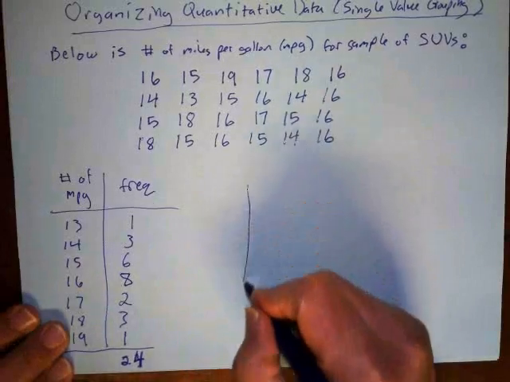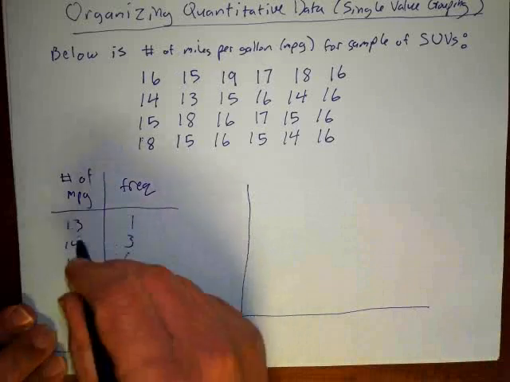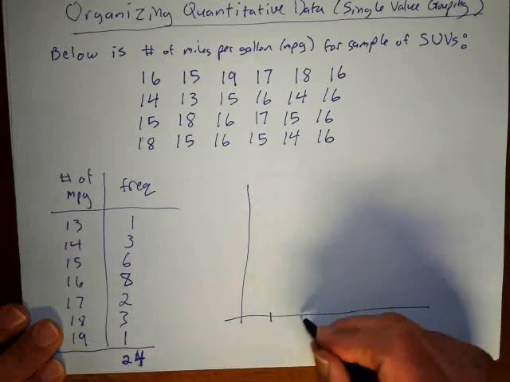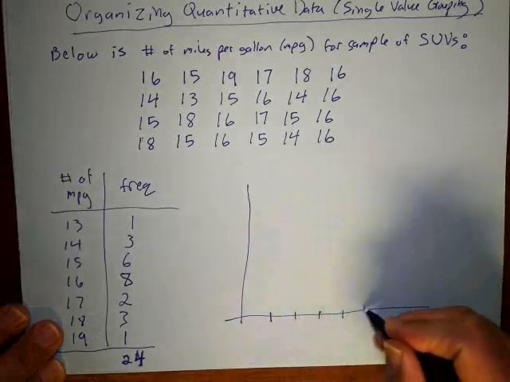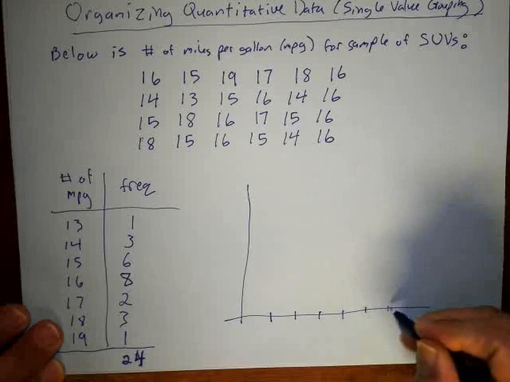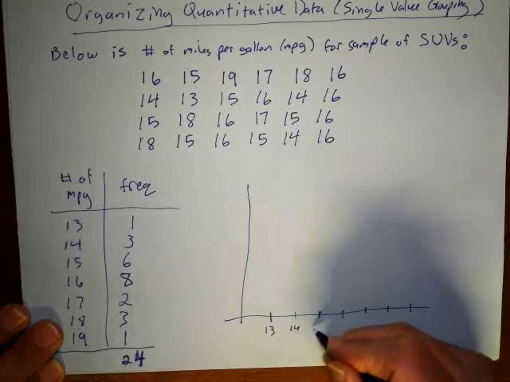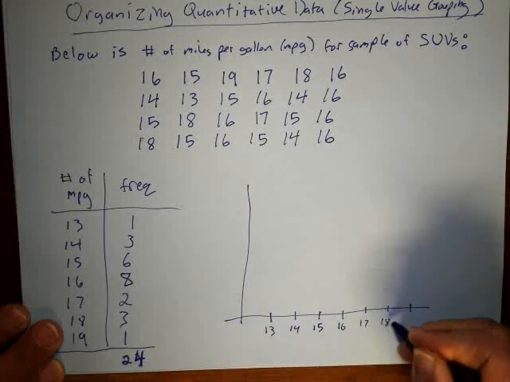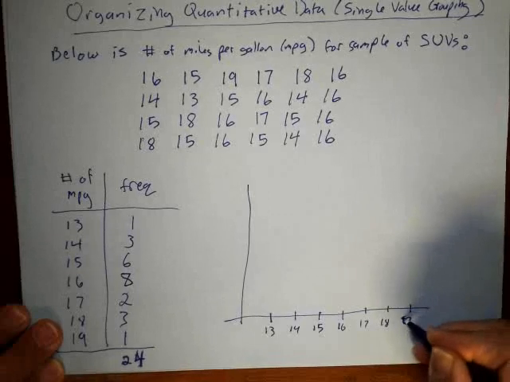So now, to do my table, kind of like the qualitative data, I'm going to put these different classes along the bottom, different numbers. So it'd be like 13, 14, 15, 16, 17, 18, and 19.